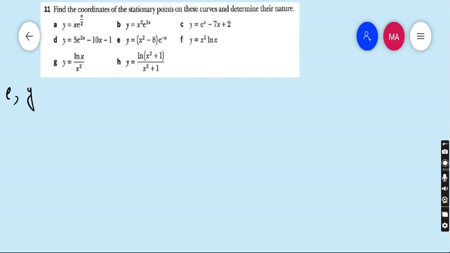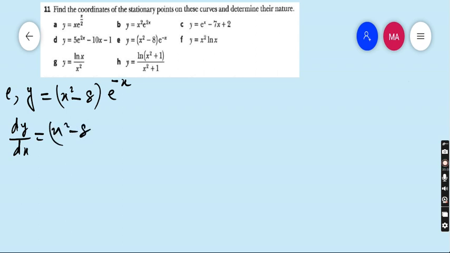Part E is y equals x square minus 8 e power minus x. For dy by dx, apply the u into v formula. u is x square minus 8 and v is e power minus x. So u times the derivative of e^(-x), that is e^(-x) into minus 1, plus e^(-x) times the derivative of u, which is 2x.